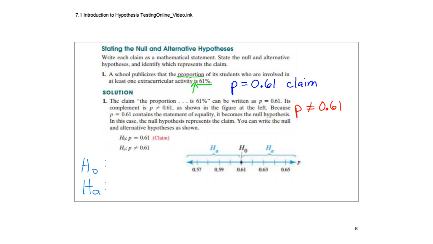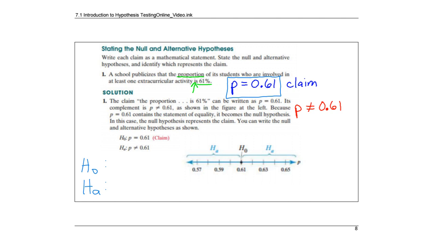It says, a school publicizes that the proportion of its students who are involved in at least one extracurricular activity is 61%. Now, this one's worded really strangely. Even though it says at least one extracurricular activity, it says the proportion is 0.61, right? 61%. And so we're going to use an equal sign, so the school says that P is equal to 0.61.